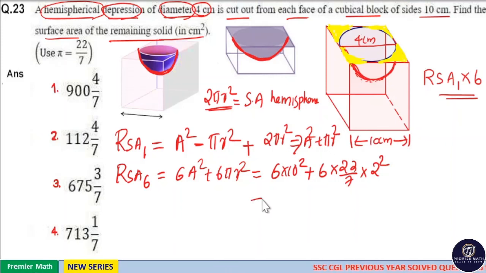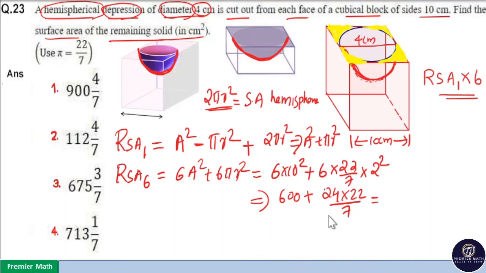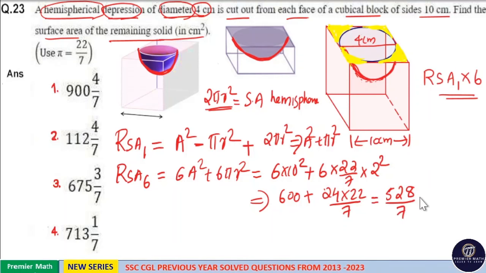Now, you can see this is equal to 6 into 10 square, which is 600, plus 6 into 4 is 24. 24 into 22 divided by 7 is 528 divided by 7.